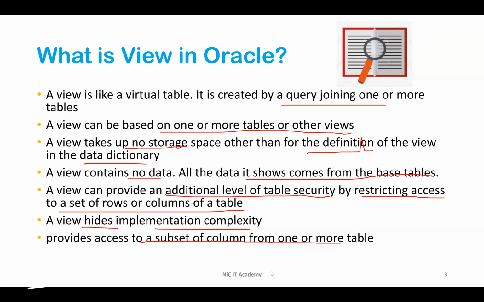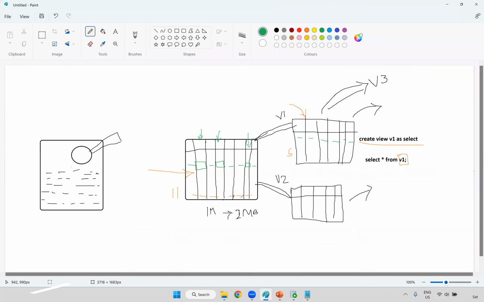What is a complex view? Just now I explained. Are you listening to the class or not? If you are creating a view on a single table, that is a simple view. If you are creating a view by combining more than one table, this is called a complex view.